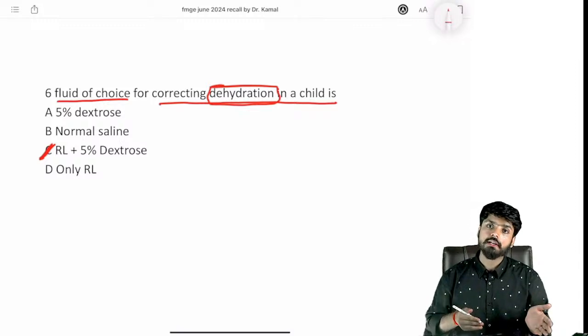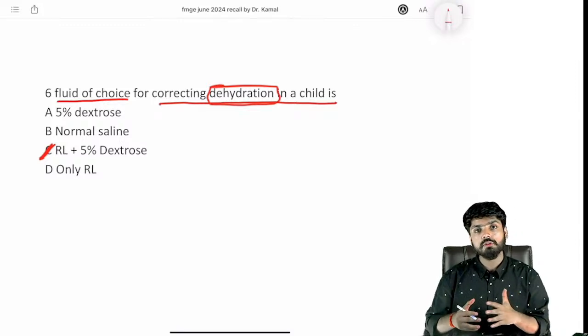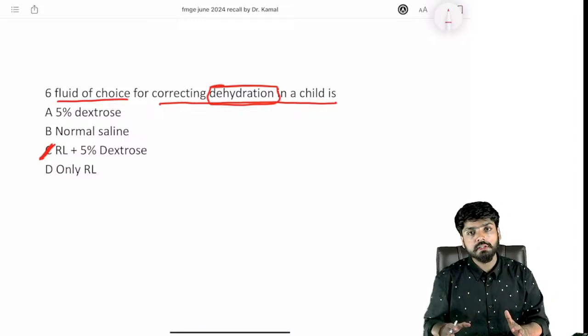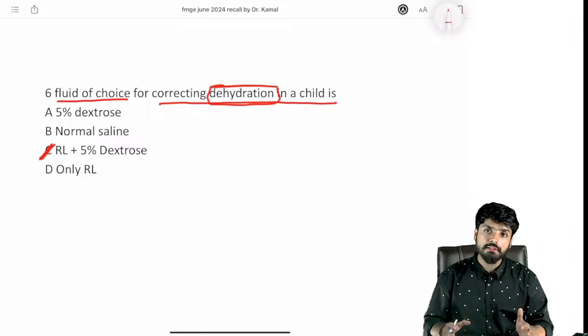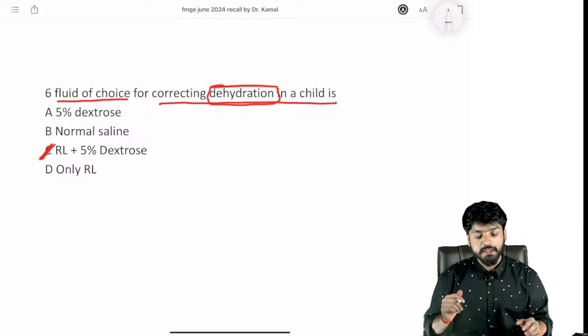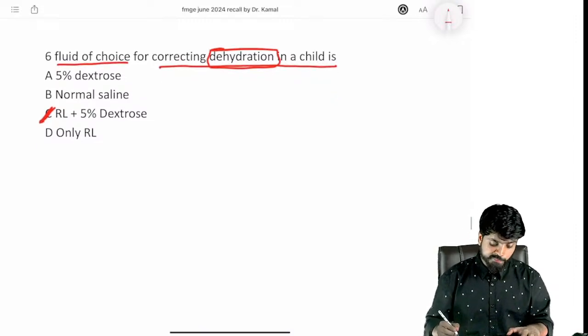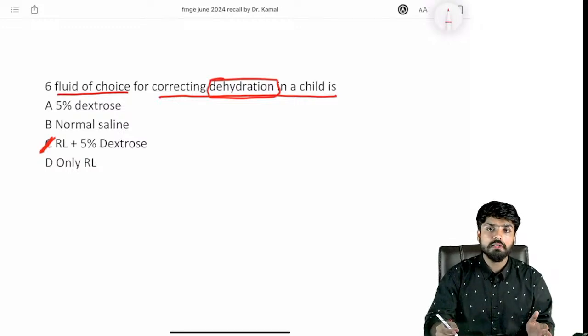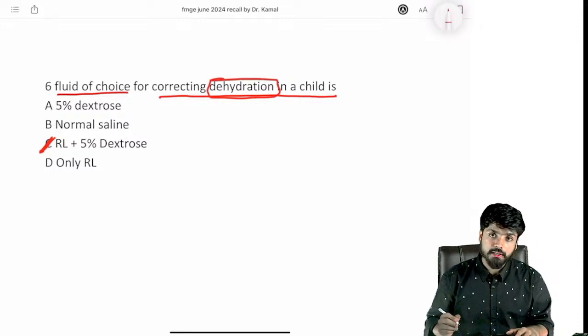It's not like Ringer lactate alone is not good, but in the standard textbooks where the dehydration topic is discussed, the first thing they recommend is Ringer lactate with 5% dextrose. Dextrose alone is of no use because it will simply not replenish the fluid. So Ringer lactate plus 5% dextrose.